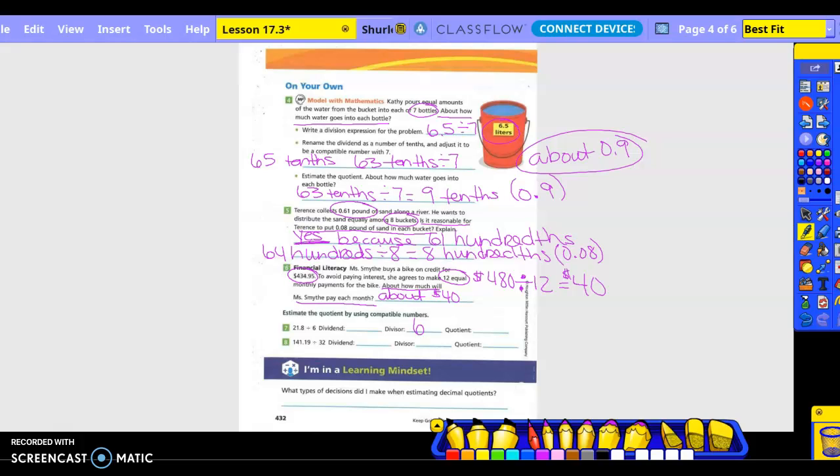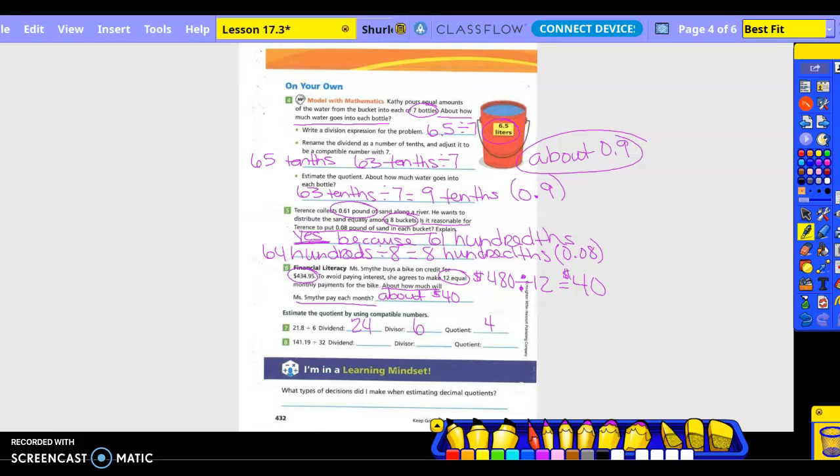So in this case, which one is closer? They're both only 3 away. Okay. But what's going to be my deciding factor? Is this closer to 21 or is it closer to 22? So in this case, which one would be closer? The 24. Okay. So 24 divided by 6 is 4.